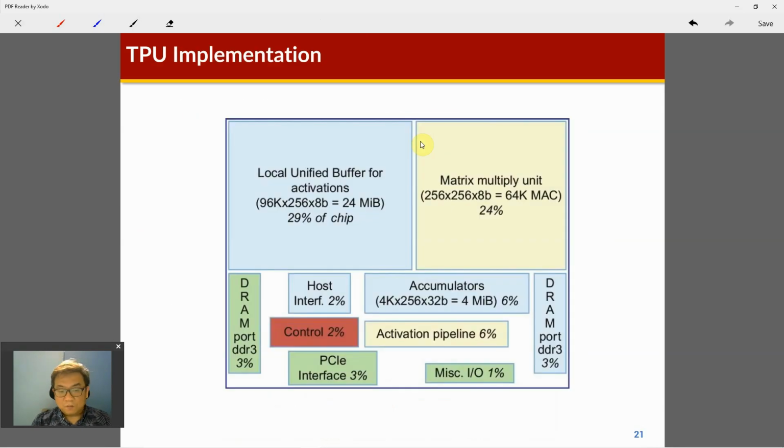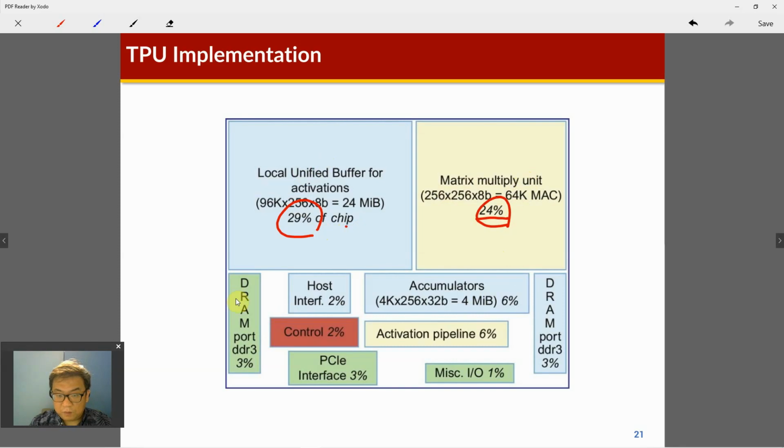So this is the floor plan. This figure shows the floor plan of the TPU chip, and as you can see, the dedicated buffer, the unified buffer, occupies 29% of the entire chip area, and the matrix multiplication unit, the computation unit, occupies 24%. So this unified buffer, the dedicated memory, and the computation unit occupy more than 50% of the entire chip area.